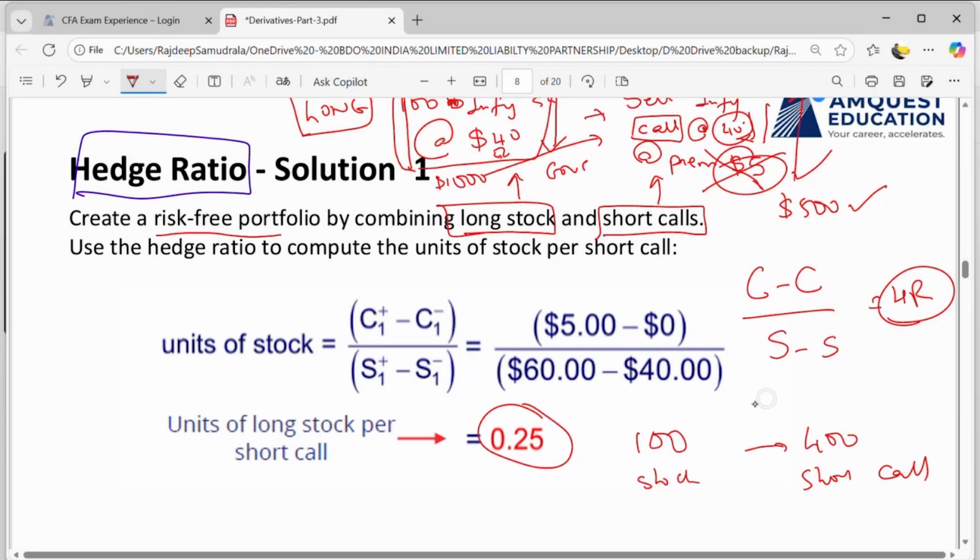Because it is 0.25 times. Now are we clear? So if you are having 100 shares, please go and short 400. Only then you'll get a perfect hedge. So hedge ratio helps you determine how perfect your hedge actually is. Clear?